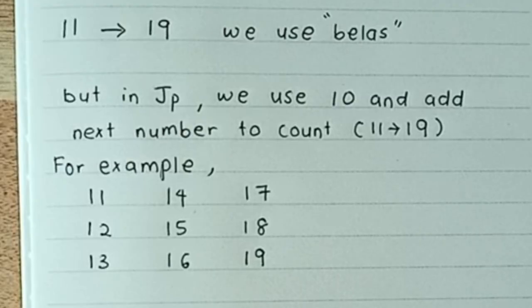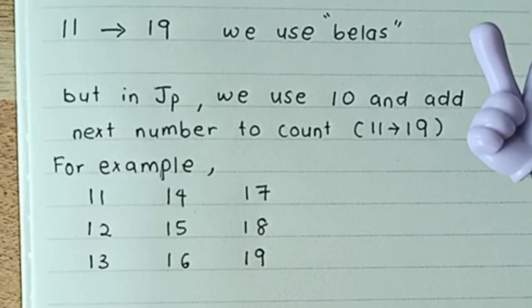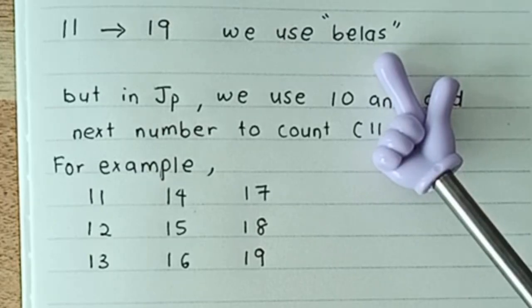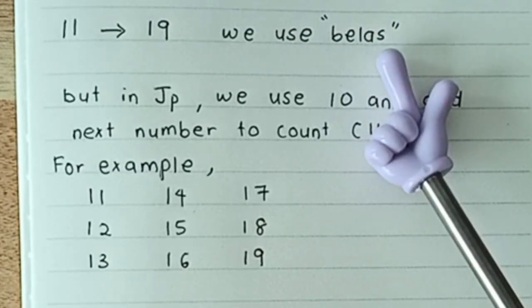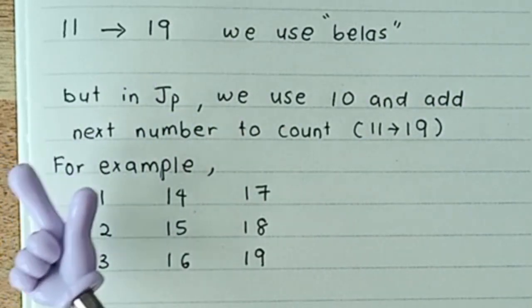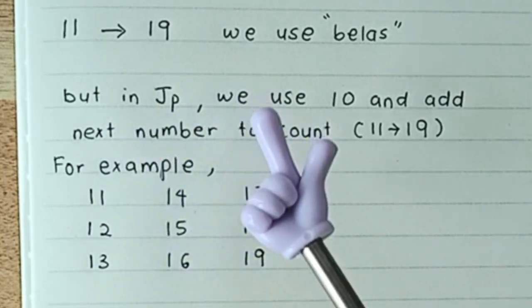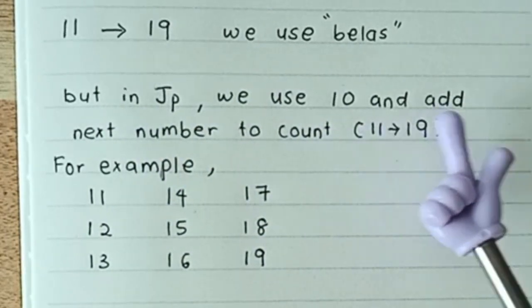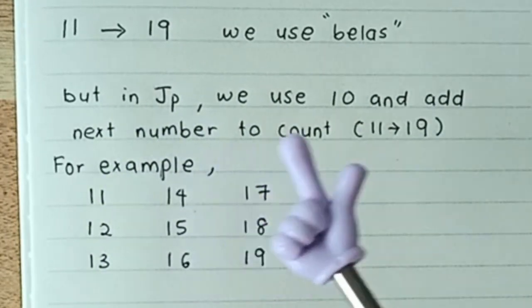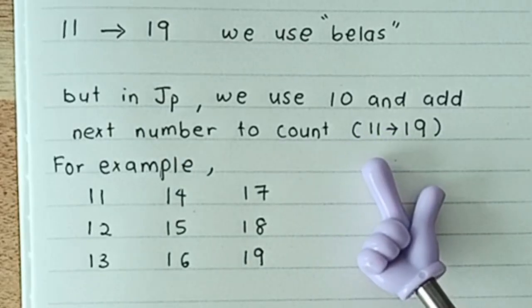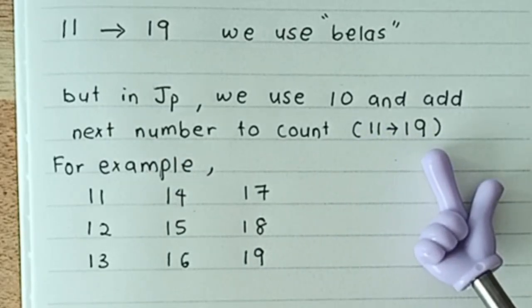For numbers over 10, in Malay, we use belas. But in Japanese, we use 10 and add the next number to count from 11 until 19.